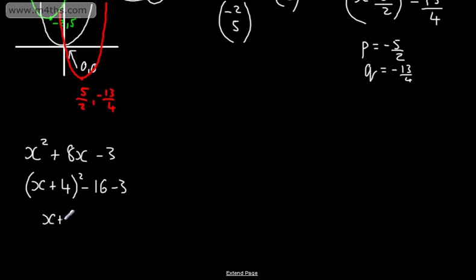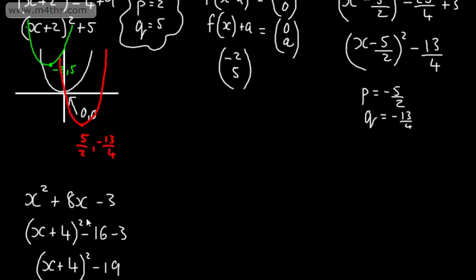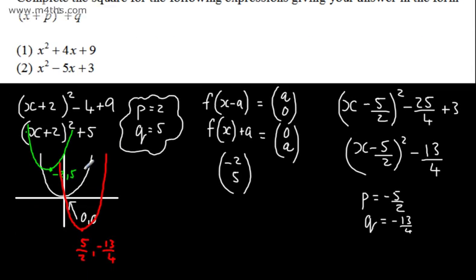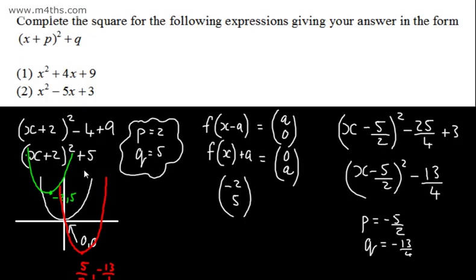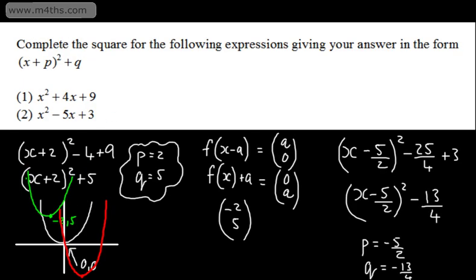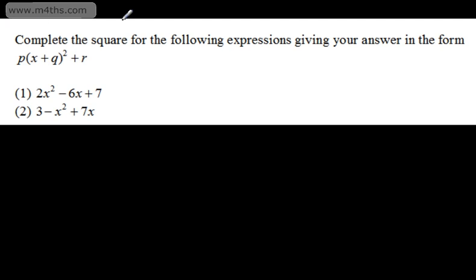So (x + 4) all squared, that is the perfect square part of this. And then the constant is now the negative 19, or if you like, you're subtracting 19. So in this particular case, p would be equal now to positive 4 and q would be equal to negative 19.